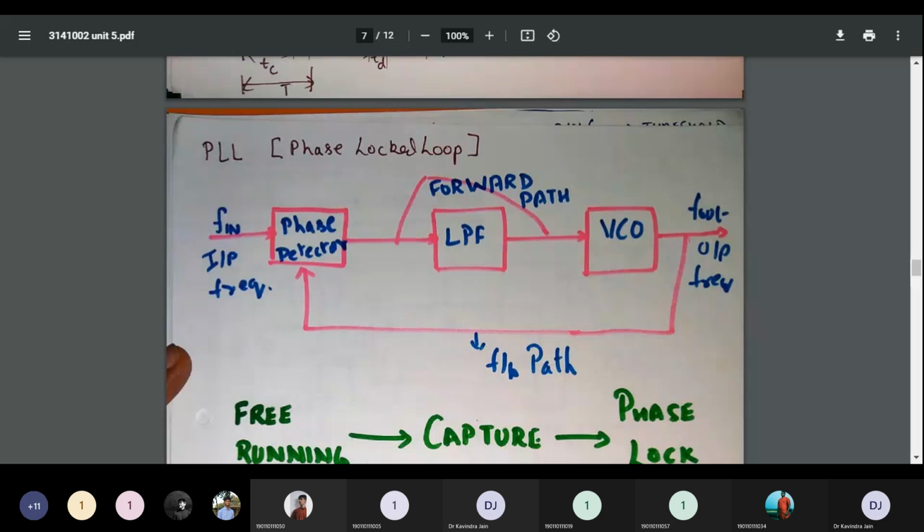I repeat, a comparator circuit which compares the input frequency with the feedback frequency, that is F in is compared with the feedback path frequency. The feedback path frequency is denoted by F out.